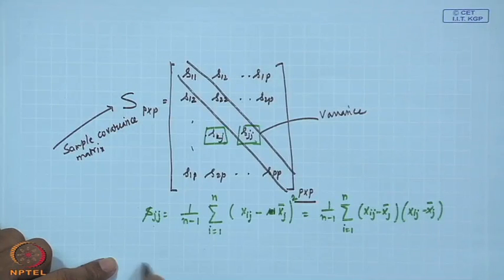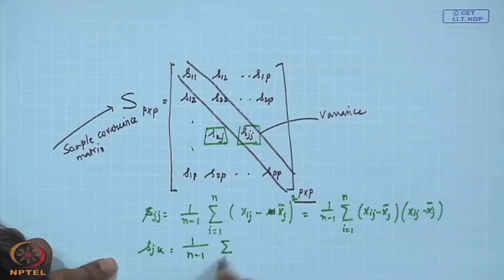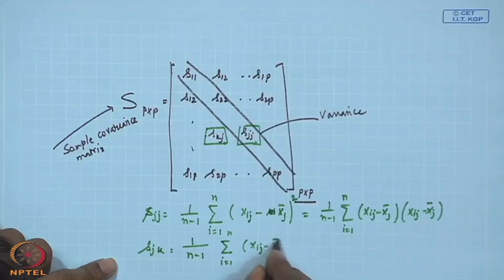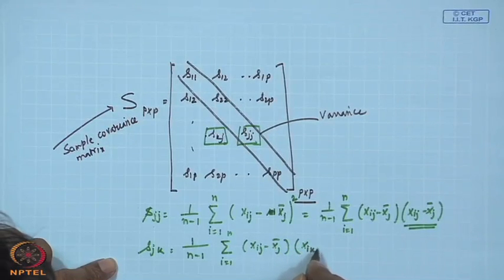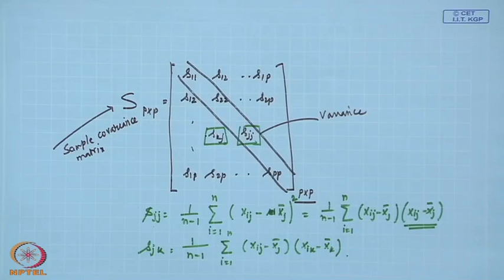So, using this I want to write S jk. S jk is 1 by n minus 1, sum total of i equal to 1 to n. First I will keep the j variable as it is, then in the second factor you introduce k.